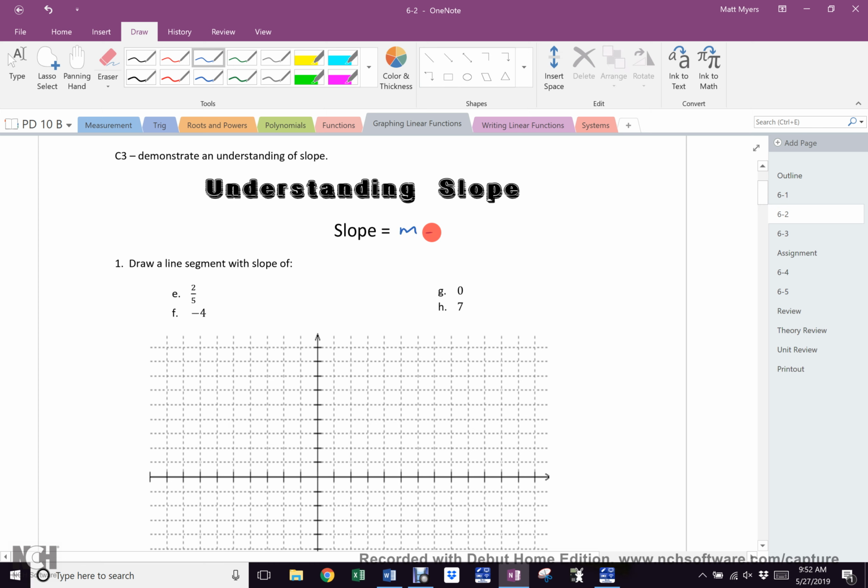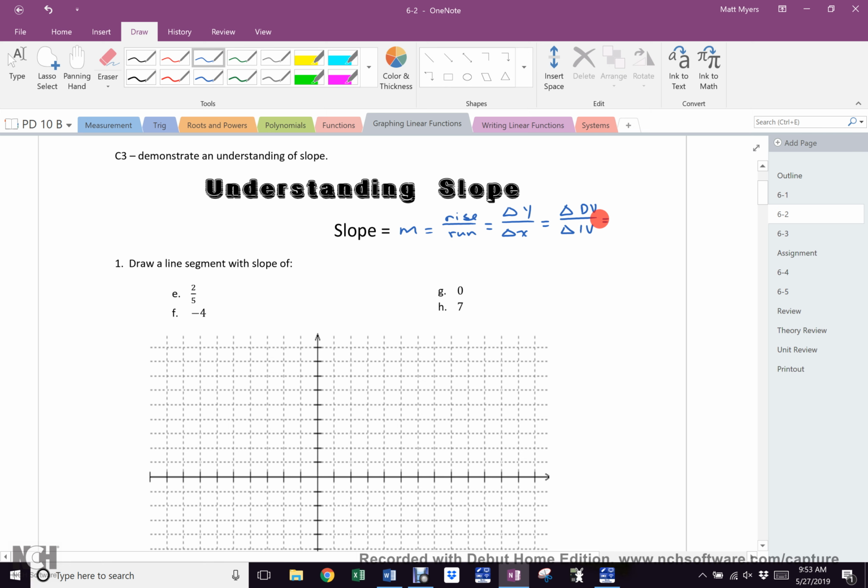What is another thing that slope equals? Rise over run. What is another thing that slope equals? Change in y over change in x. What is another thing that slope equals? Change in DV over change in IV.